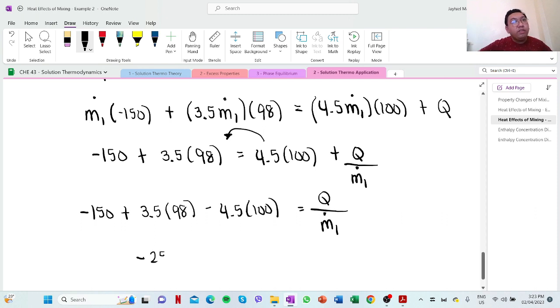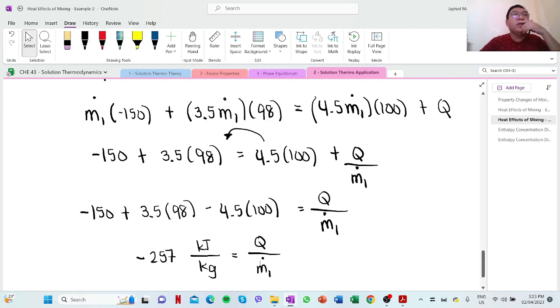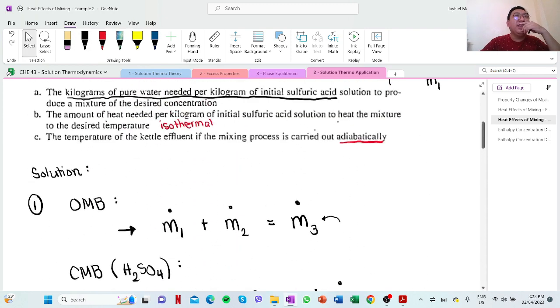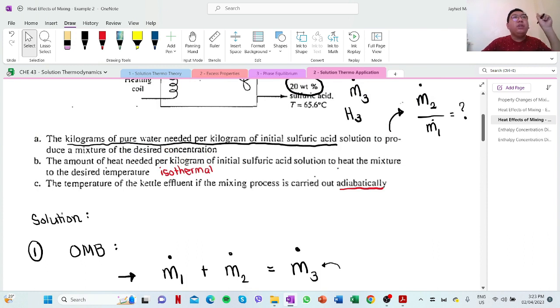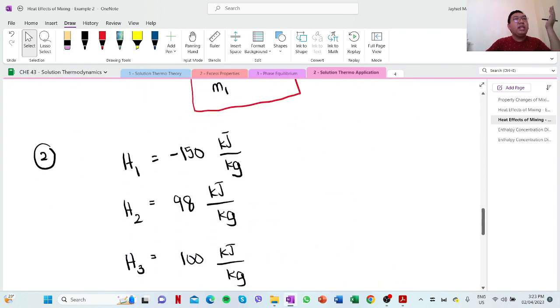Negative 257 kilojoules per kilogram. What's the question again? Amount of heat needed per kilogram of initial sulfuric acid. So this is essentially the correct answer.